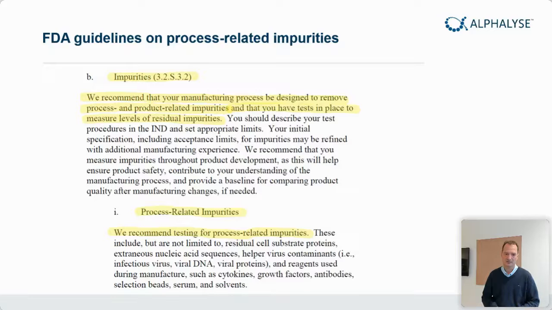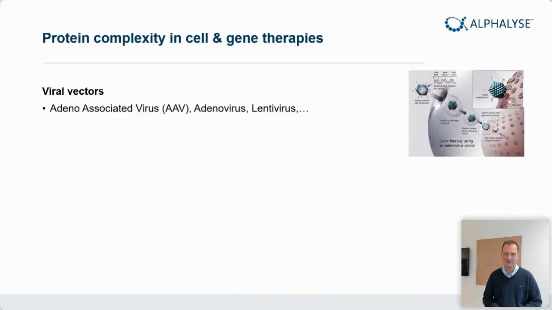And then at the bottom, it lists different types of impurities, including viral proteins and reagents containing other proteins. So clearly there are some good guidelines on how to do this, but it doesn't say exactly what methods to use, because these methods are not always, or often not, in place.